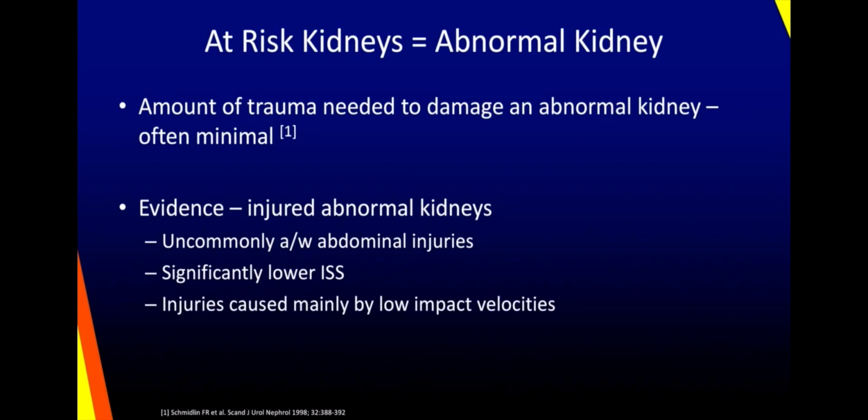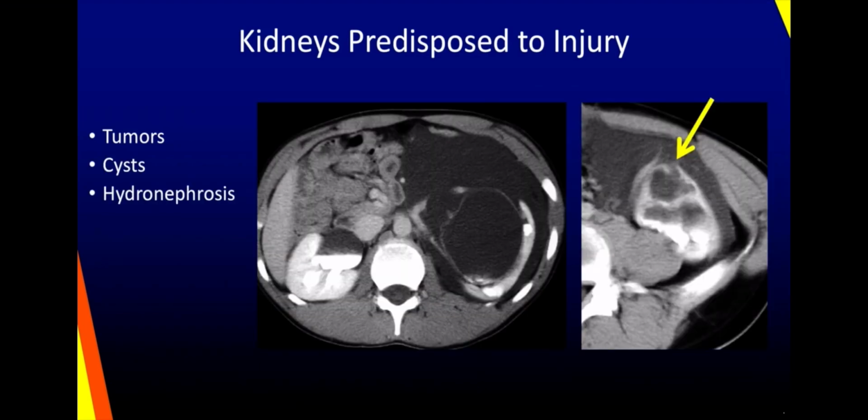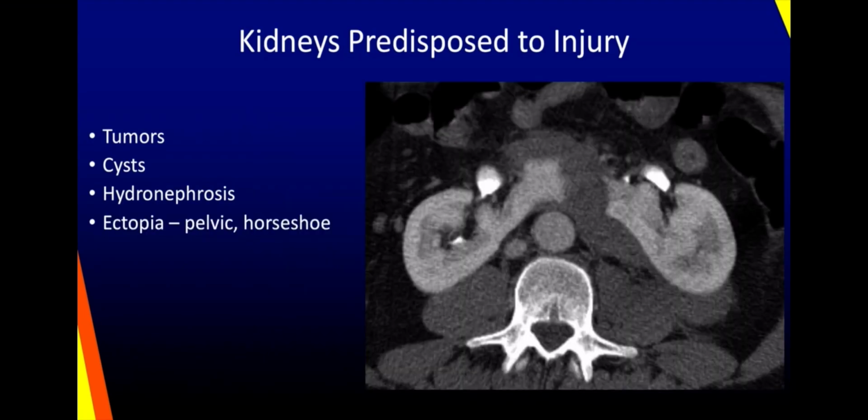Injuries caused mainly by low impact velocities. Kidneys predisposed to injury include those with tumors, those with cysts, kidneys with hydronephrosis, and here we see a tear through the thinned parenchyma, and ectopic kidneys, such as those in the pelvis, and horseshoe kidneys.